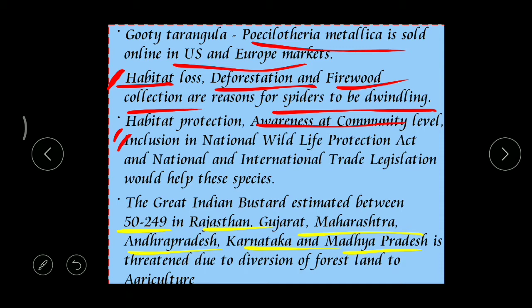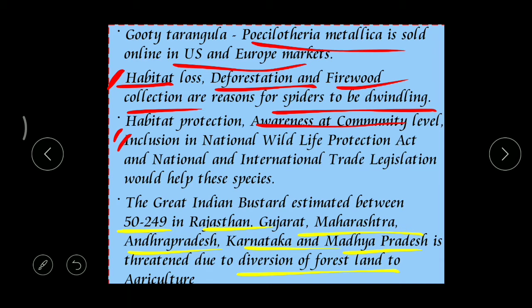And what is the main reason for the disappearance of this animal, or the decrease in its number? There is a conversion, or we can say diversion, of forest land into agriculture. Nowadays people, in order to get more and more food, are cutting down the forest, converting that area and using it for agriculture.